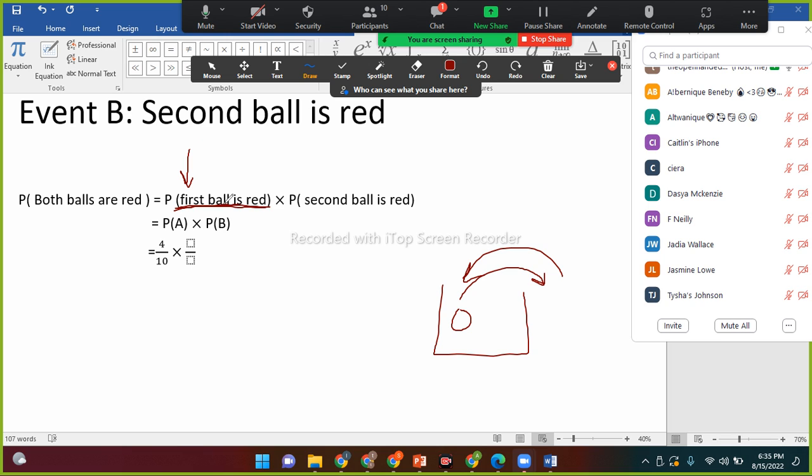But then the experiment says that we must put that same ball back in. So when we took out the first ball, there were 3 red balls inside the bag. But we're going to put the one that we took out back in. So it's still 4 red balls again. Do you understand that? Or do you want me to explain it again?